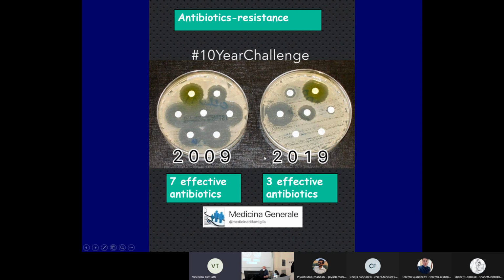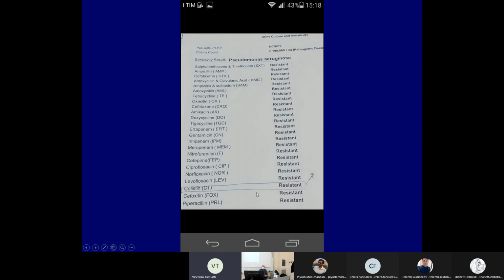Here you can see in the picture the situation in two different years. 2009, you see only one strain is resistant. We have 7 effective antibiotics. 2019, only 3 effective antibiotics. And this is the situation.